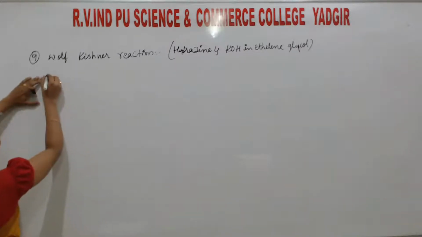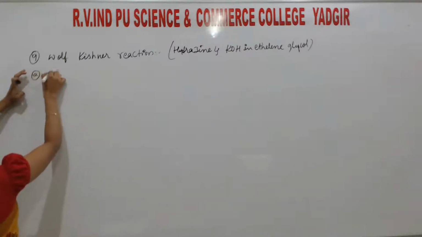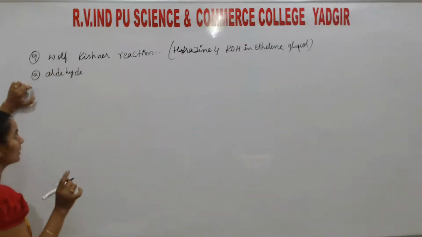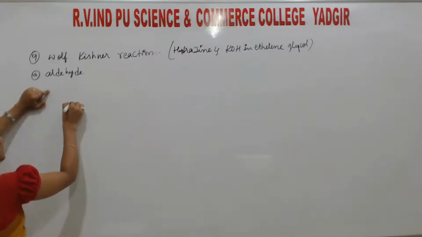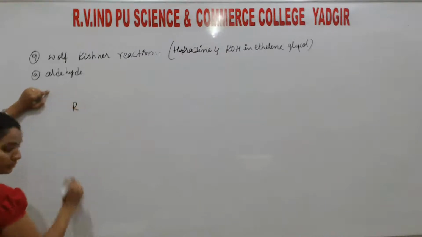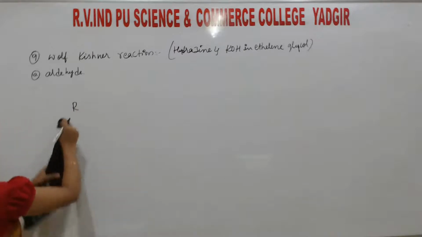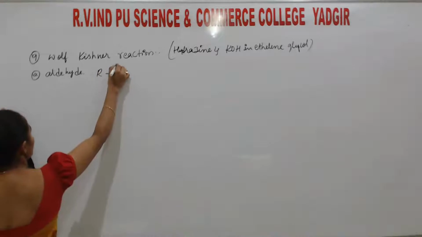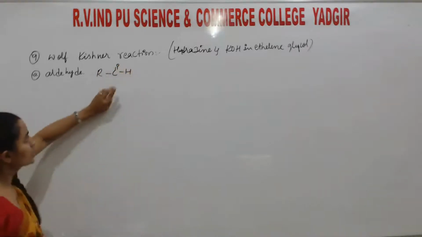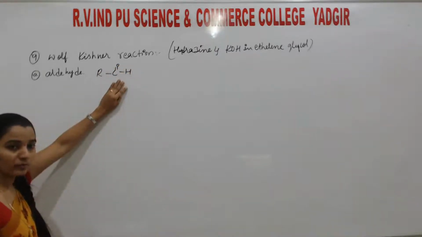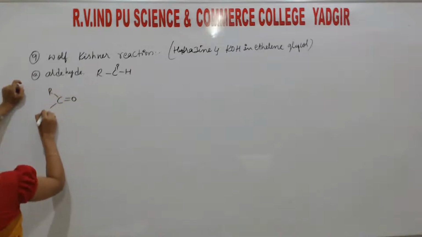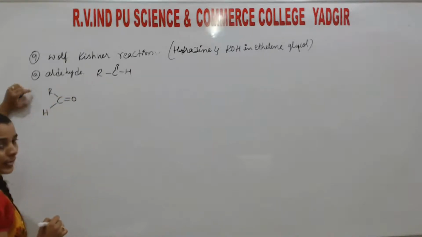So listen, I take initially aldehyde. Only one example I will give for this. So if aldehyde is there, aldehyde means R, C double bond O, H. So I just replace this group position only. So I take this C double bond here, R here, H here, aldehyde.